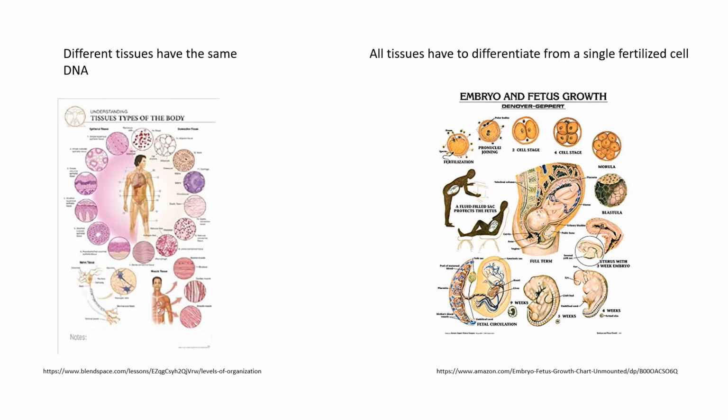And an even bigger conundrum or bigger issue than the sort of static different functions of a heart cell and a brain cell and a liver cell and a muscle cell and a bone cell and a blood cell is how is it that these tissues came into being in the first place from an embryo that began as one single cell, and then it divides into two cells, and then they divide into four cells.